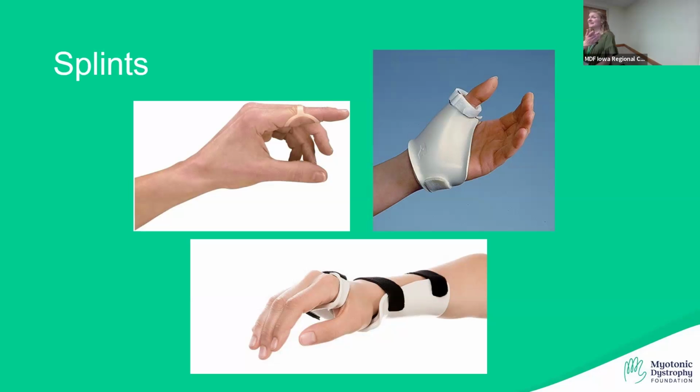And the MDF website, as I said earlier in the introduction, has a lot of great resources that you can direct your medical team towards if they're not as familiar with myotonic dystrophy and working with insurance. If we cannot do it, we can find where to refer you, and then they can help you with that.